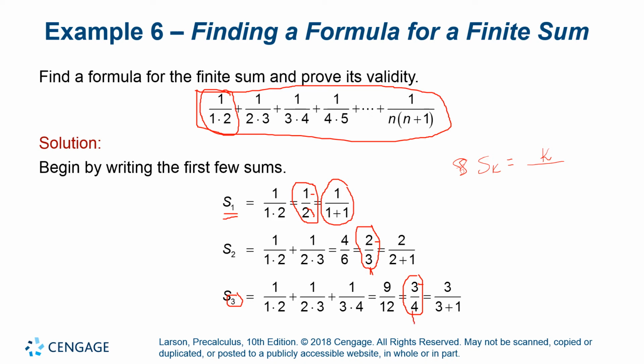So if the top one is k, the bottom one is going to be one more, and that's going to be k plus 1. So basically, the sum of all these numbers is going to be the following formula. Now all we have to do is use induction to prove that this formula works for this particular pattern given.